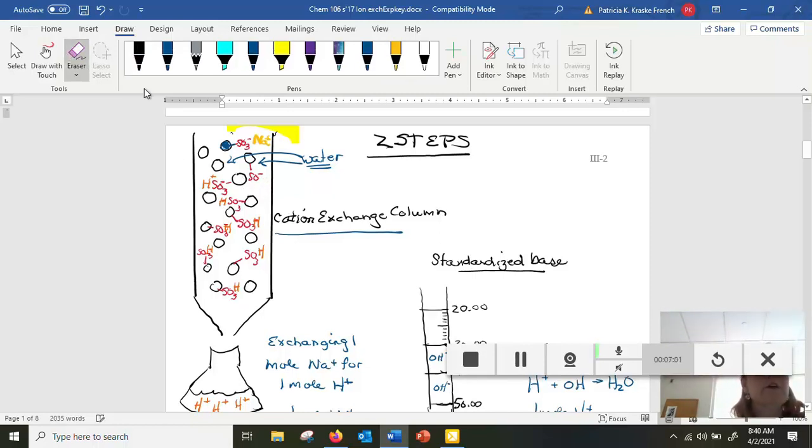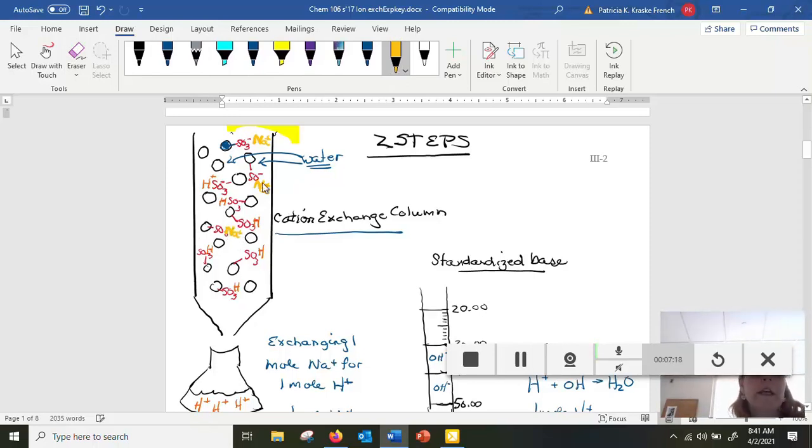Okay, for every sodium that comes onto the column, a hydrogen gets replaced. So I'm just going to do a few of these here, but it's a lot more than a few.